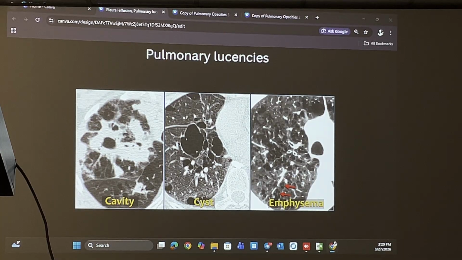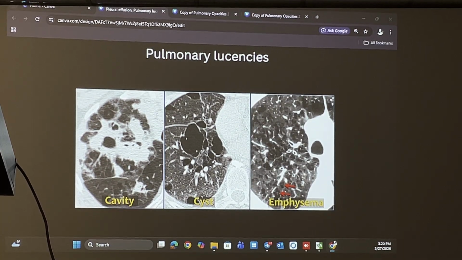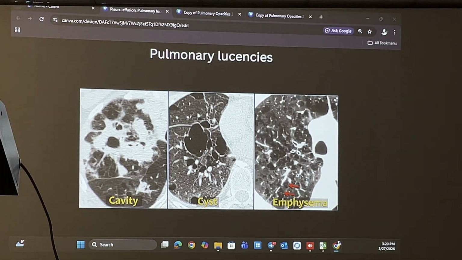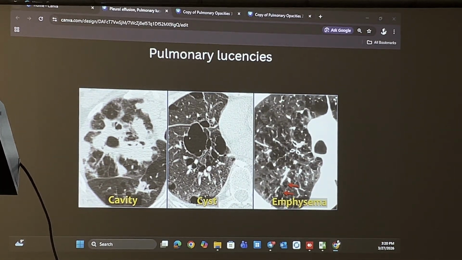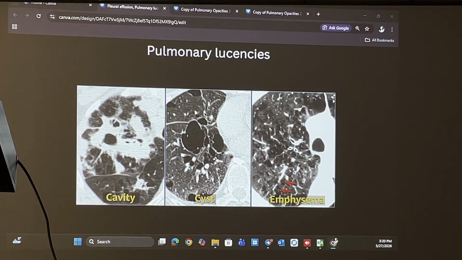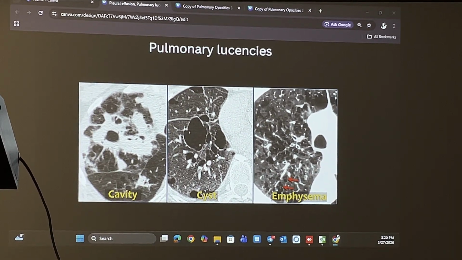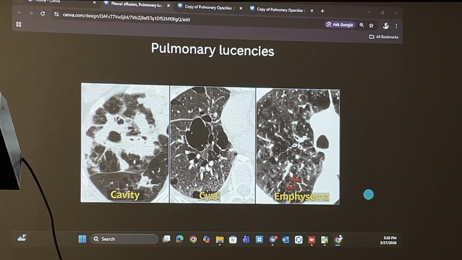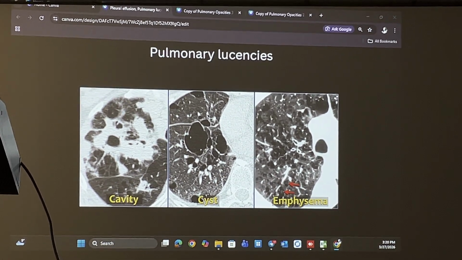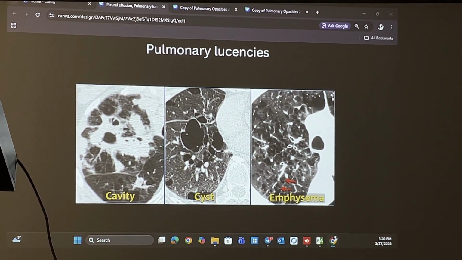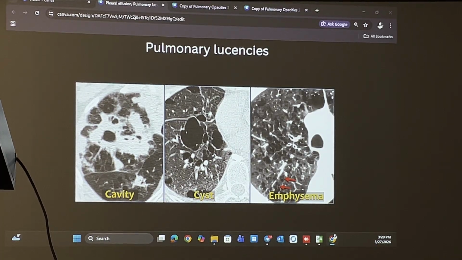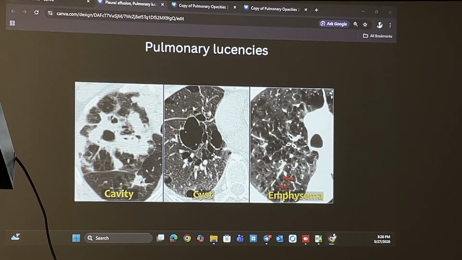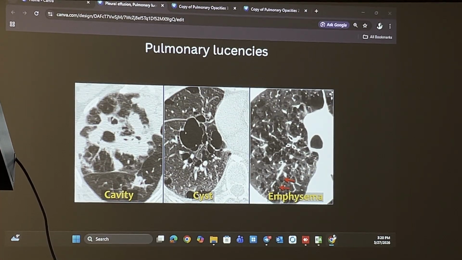And lastly, pulmonary lucencies. Radiologists use many terms to describe areas of decreased density or lucencies within the lung, like cysts, cavity, bullae, emphysema, and so on. Many of these terms are based on the pathogenesis of the abnormality. This makes it difficult to use these terms, since in many cases when we describe a chest x-ray we are trying to figure out what the pathology could be.